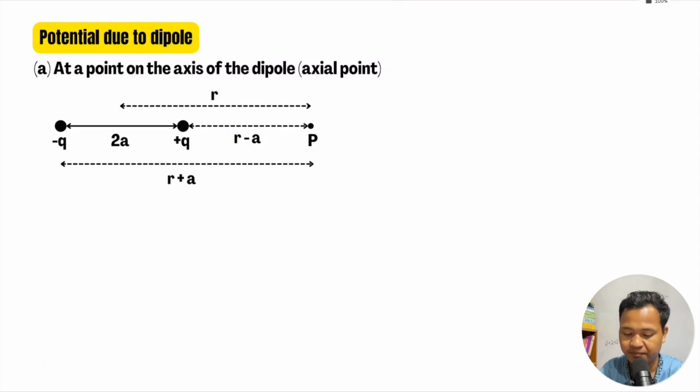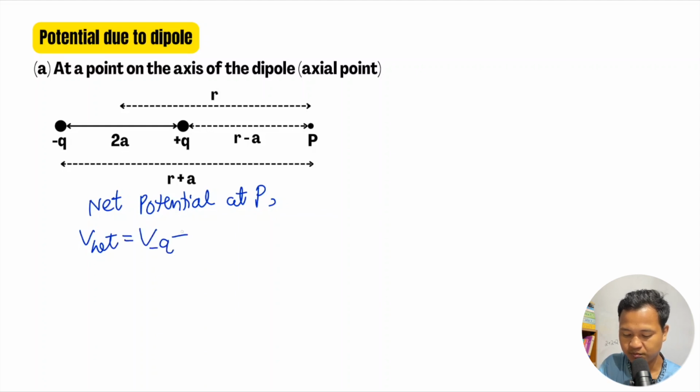So you'll see point P, and the net potential at P. V net is V due to minus q plus V due to plus q.